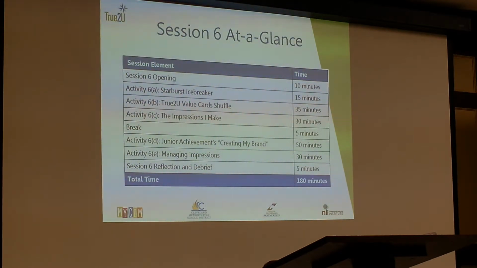So we'll talk about that. The impressions I make activity, break. Then there's a creating my brand activity, so each student will get to create their own brand or a logo that represents them. And then managing impressions, so that's where they get to practice those soft skills so they can have people perceive them as they want to be perceived. And then you have your reflection and debrief.